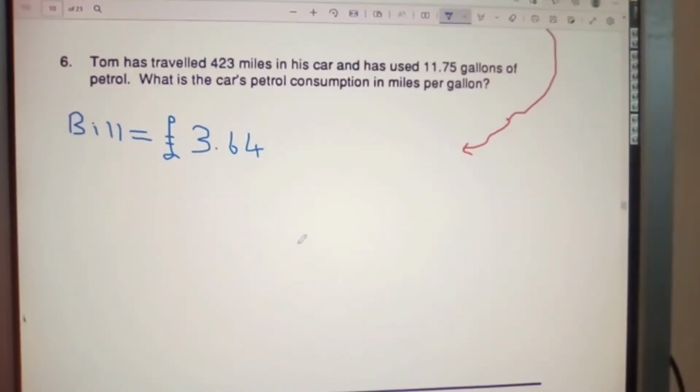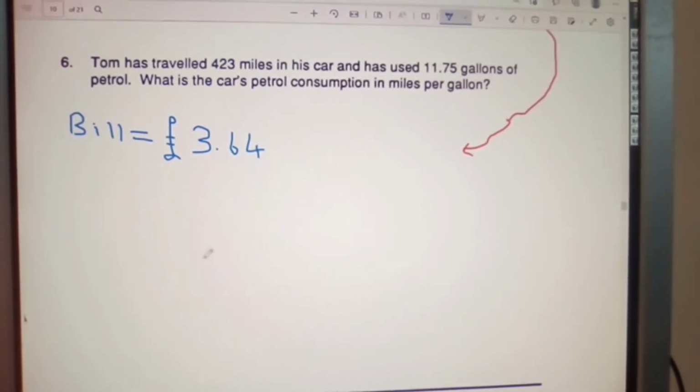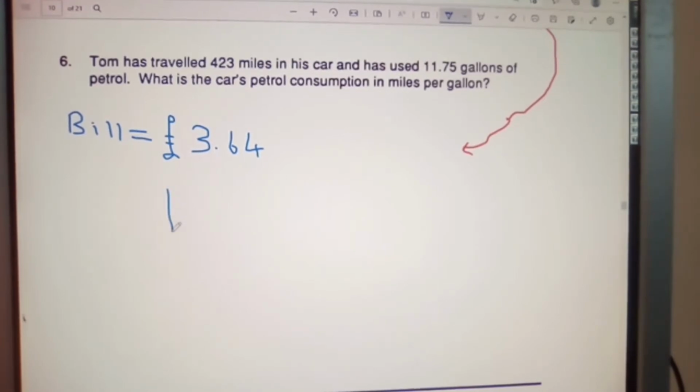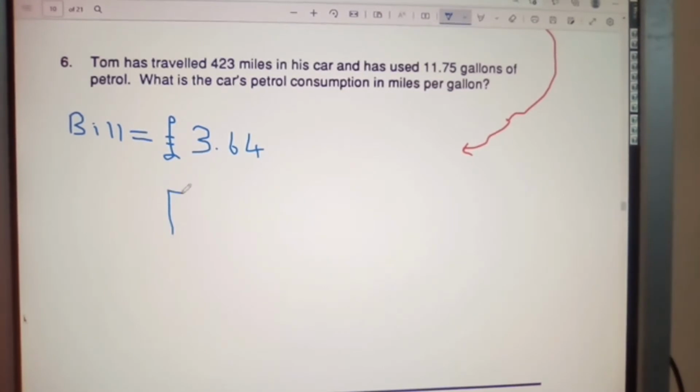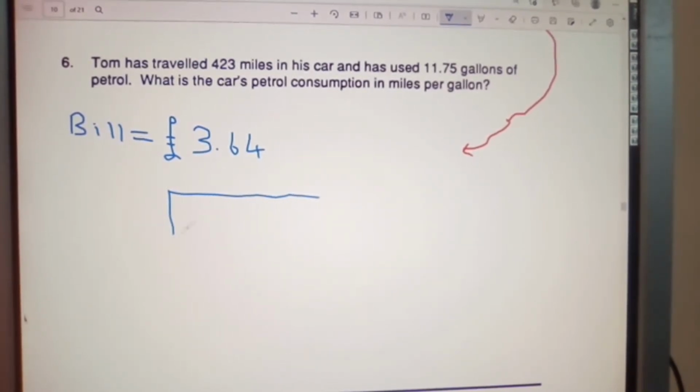So what we need to know is the cost of each pint of milk. We're going to take this and put it into a division bracket, and we're going to move the decimal point 2 places to the right. So we're going to divide £3.64 by 14.